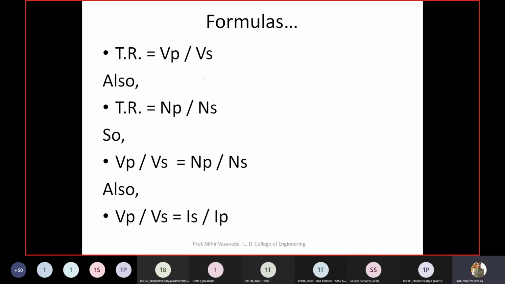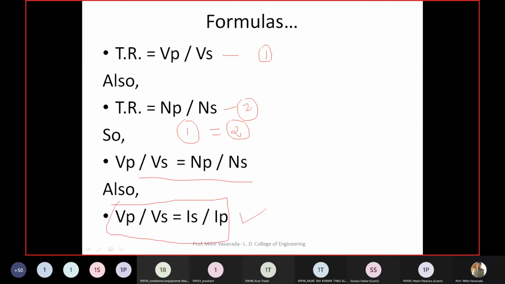So if you call this equation 1 and this equation 2, then you can say 1 and 2 are both equal because both are equations of turns ratio. So equating 1 equal to 2 and solving, you get this.